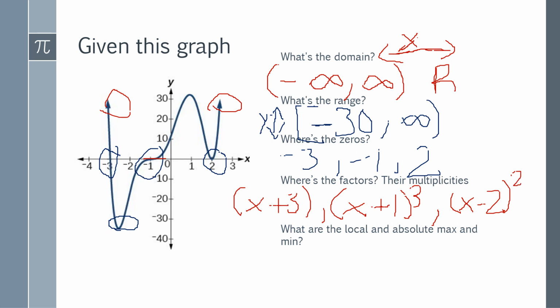So let's look at the local and absolute maximum. So your local min is when x is 0, or when x is 2, sorry.